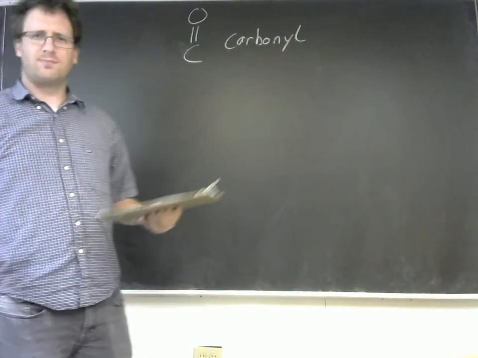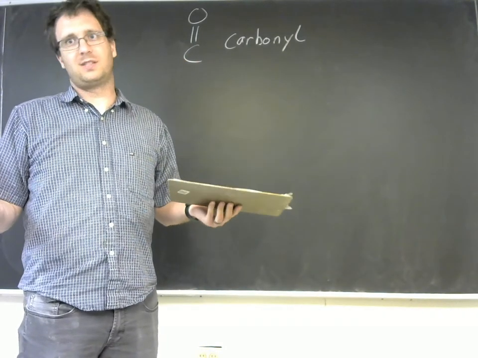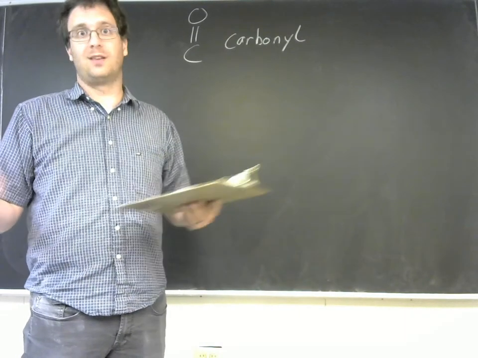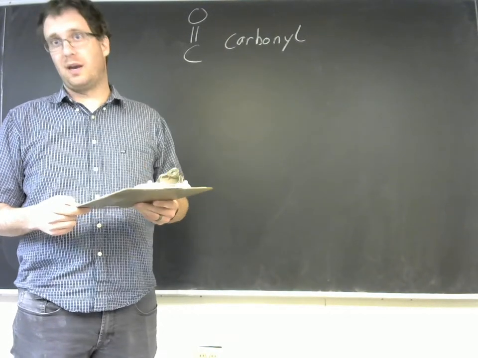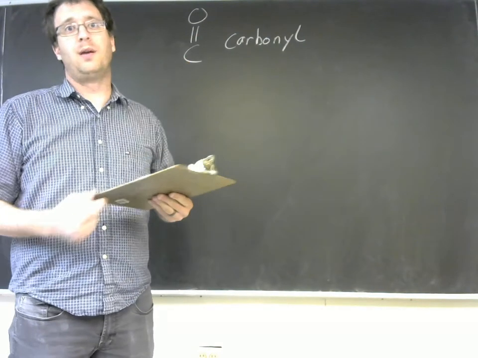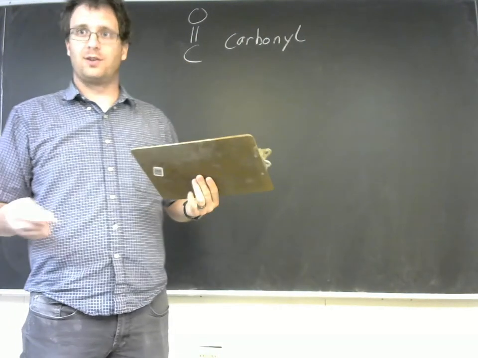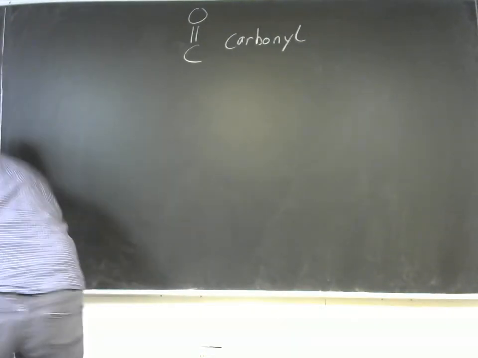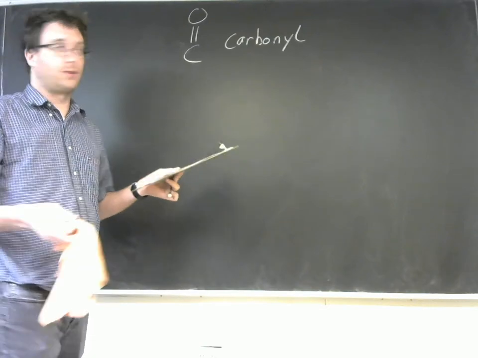It's not really a functional group in and of itself because the function that it has, the chemical reactivity that it has, is strongly dependent on what else is going on around this carbon. But it is a feature that is common to all of the different categories of organic molecule that we're going to look at today.